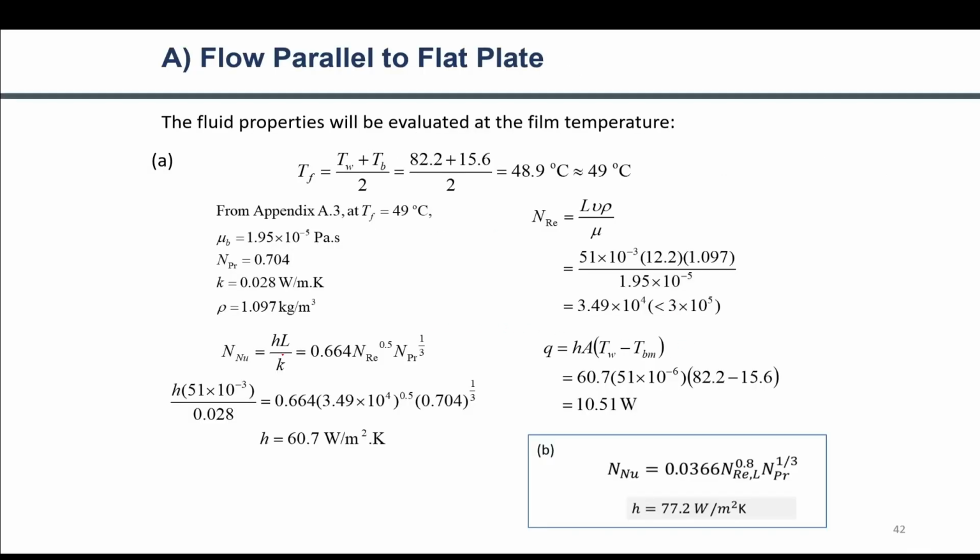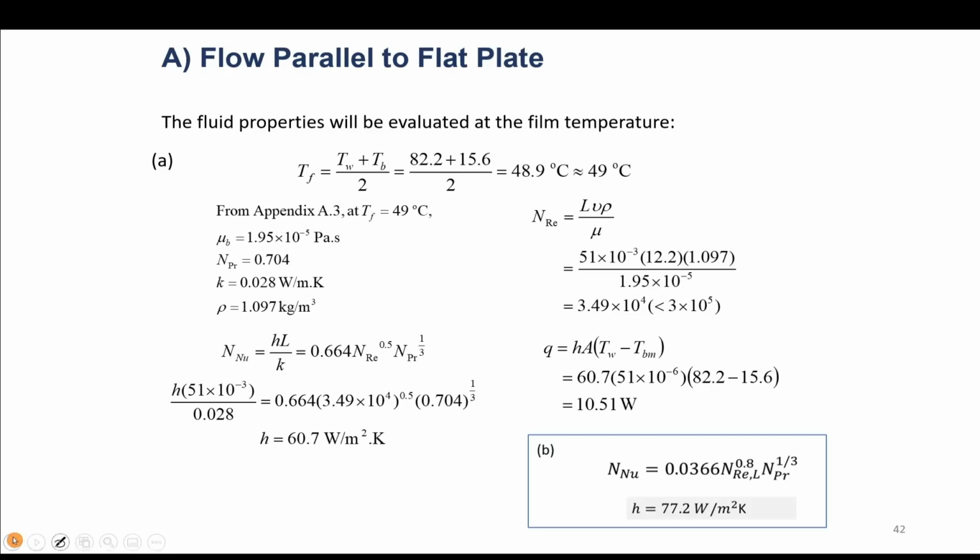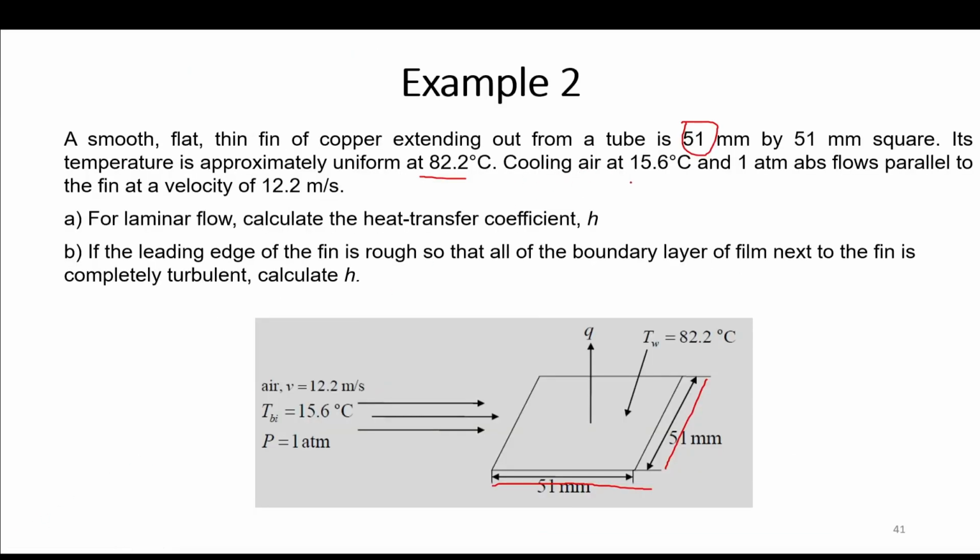This is the surface or wall temperature. Cooling air at 15.6 degrees Celsius, this is the cold fluid, at 1 atm absolute, and the velocity of the cold fluid is 12.2 meters per second.